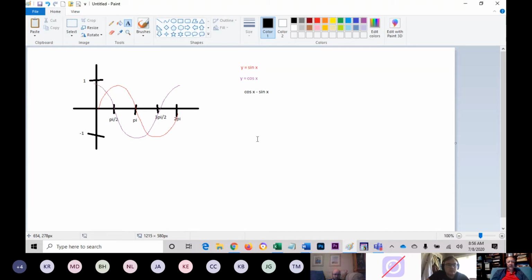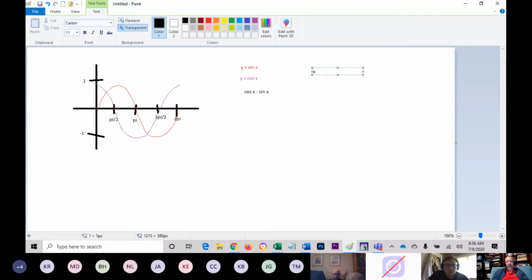So 1 minus 0 is going to be 1, correct? Yep. Okay. So if my x equals 0, my y is going to equal 1.